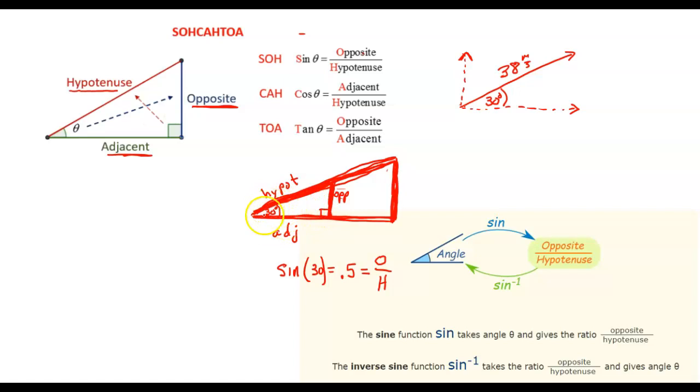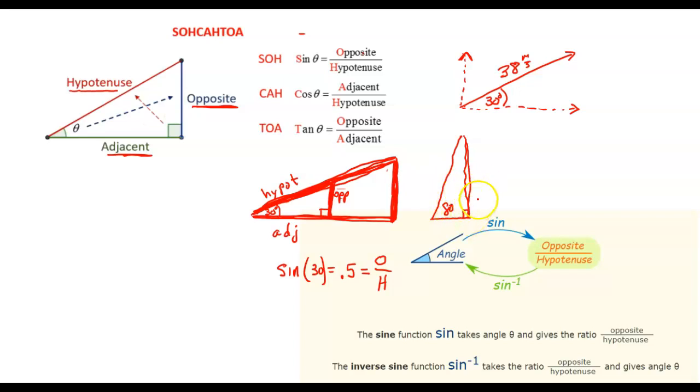Now this ratio is going to be different for each angle. If I have a bigger angle, let's say 80 degrees, obviously the opposite side is no longer going to be 50% of the hypotenuse. It's going to be a larger percentage of the hypotenuse.